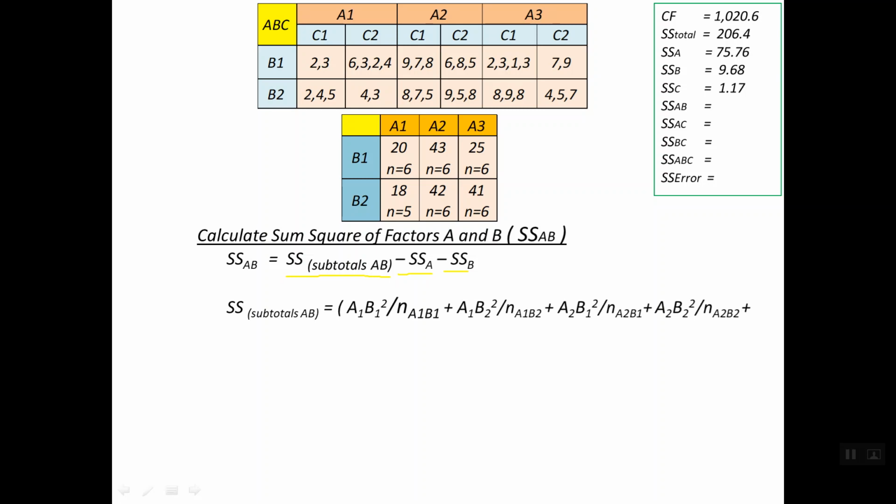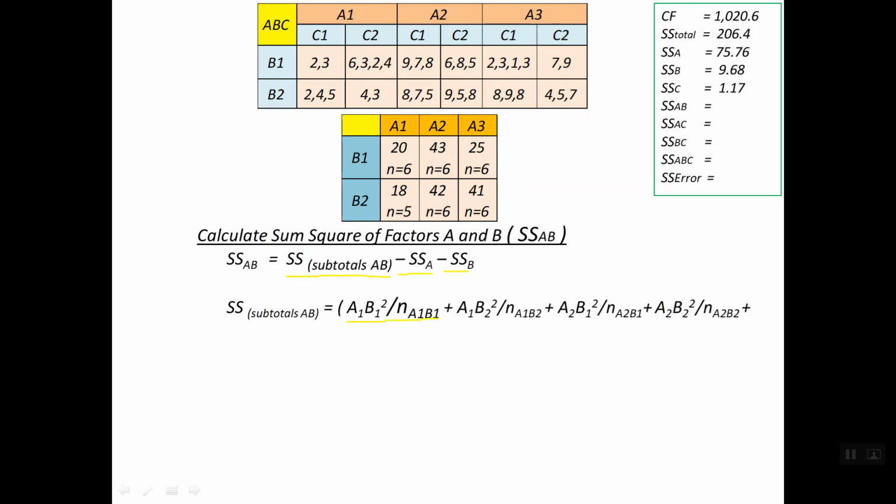The same technique as we have done. For factor A, we have 3 levels, A1, A2, and A3, and for factor B, we have 2 levels. So we have 6 combinations for factors A and B.